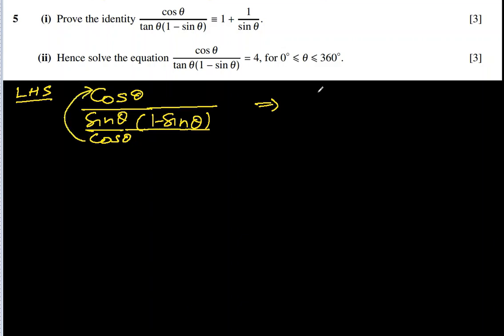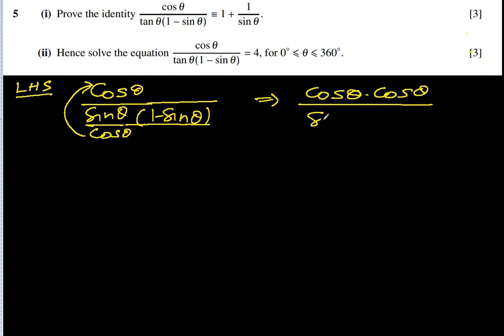In short, the denominator of a denominator becomes the numerator. So we have two cos thetas multiplying on top, over sin theta times 1 minus sin theta. Now, if we compare with our target on the right-hand side, we must have a sin theta at the denominator, which we have. That means we have to get rid of this one.